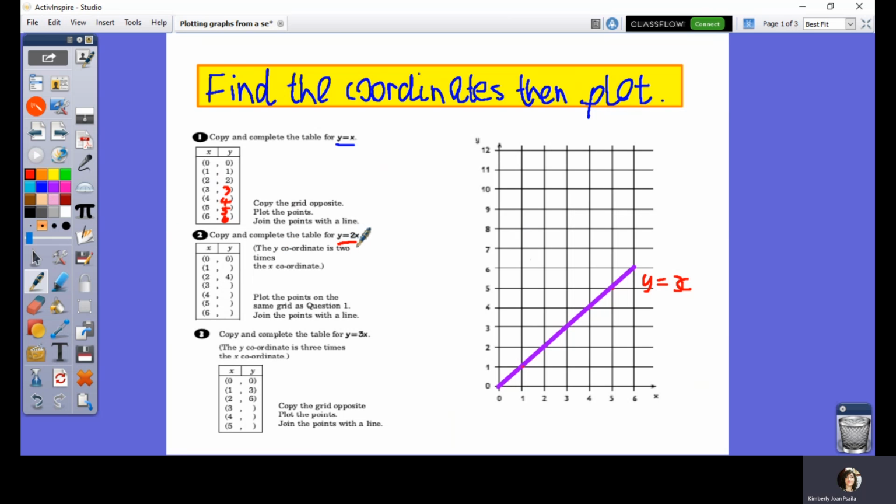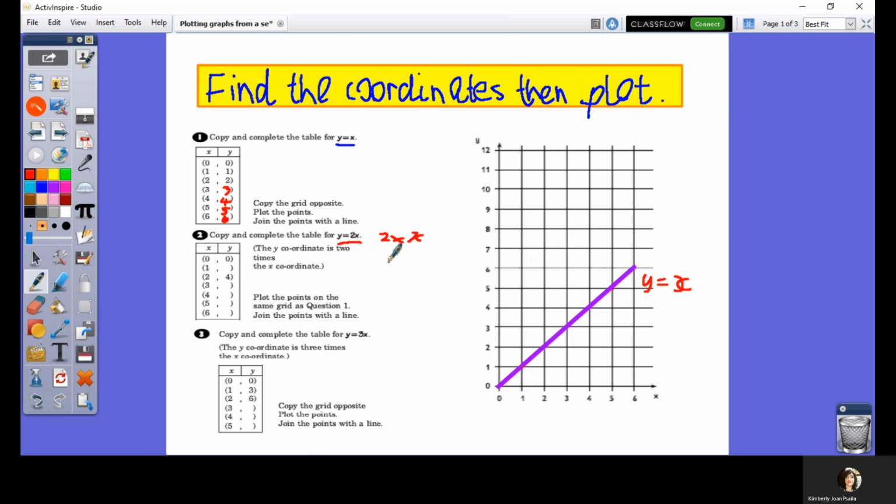Y equals 2x means that the y coordinate is double the x coordinate. We should know from the previous chapters, in algebraic expressions, that when you have 2x, that means 2 is being multiplied with x.